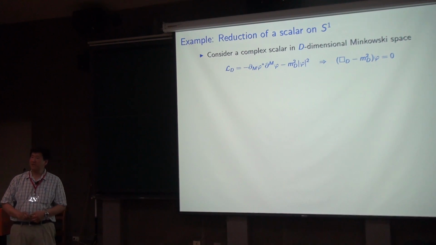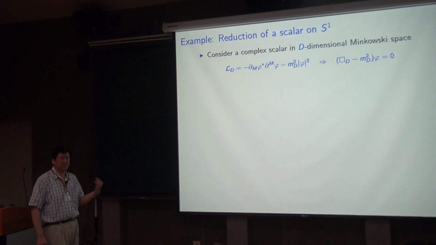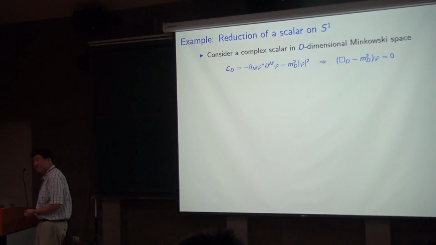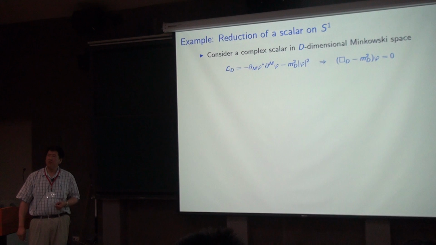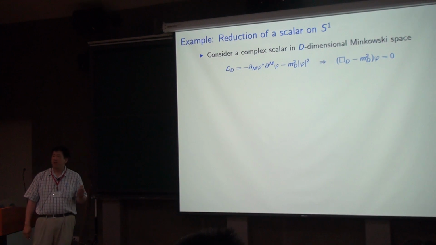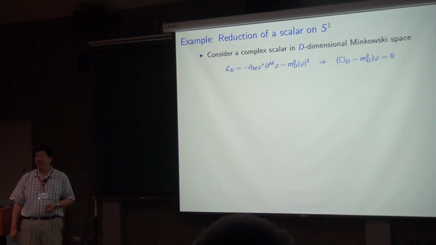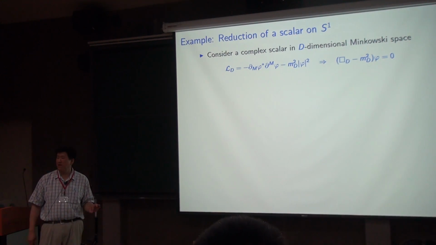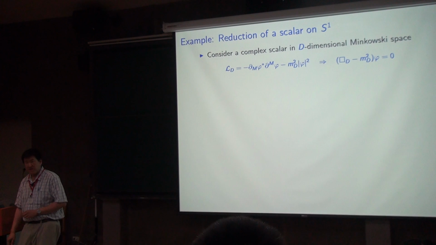Let me give a basic example. The original Kaluza-Klein idea, which I'll come back to, is if you take 5-dimensional pure Einstein gravity and reduce it on a circle, you end up with Einstein theory plus a gauge theory, a Maxwell theory, and a scalar field. So you can get gauge theories or Maxwell theory out of 5-dimensional gravity.